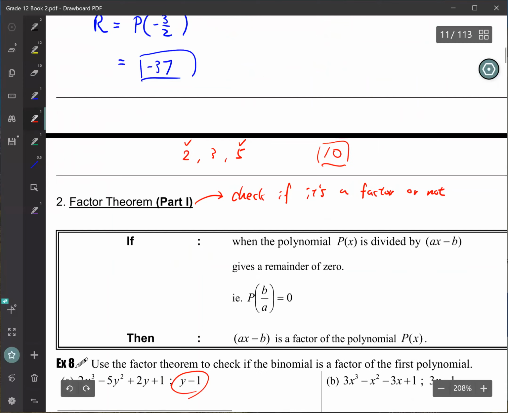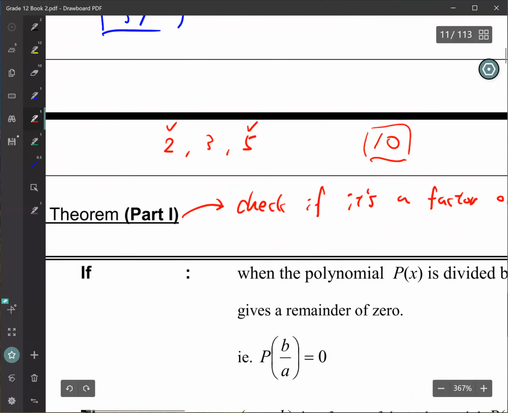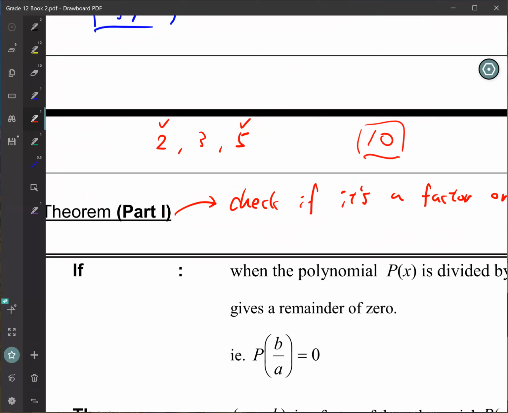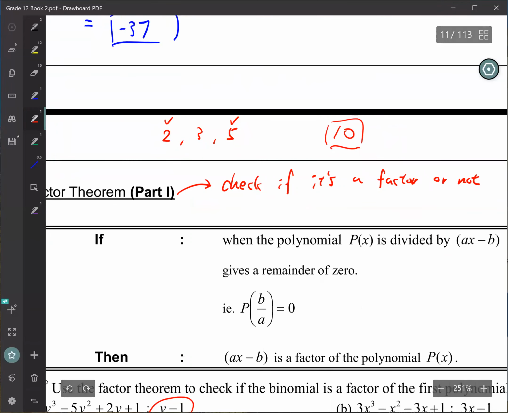Okay, so let's use numbers to understand this. We know 2 is a factor of 10, right? And 5 is also a factor of 10. So if it's a factor and we divide it, let's say 10 divided by 2. If I divide it by a factor, what's the remainder for that? Donna? When we take 10 divided by 2, what's the remainder? 0. 0, right?